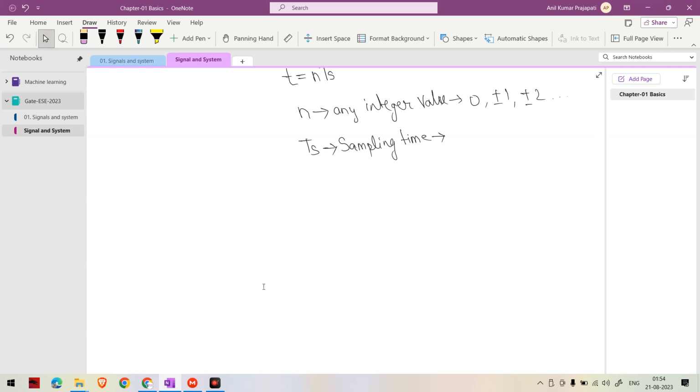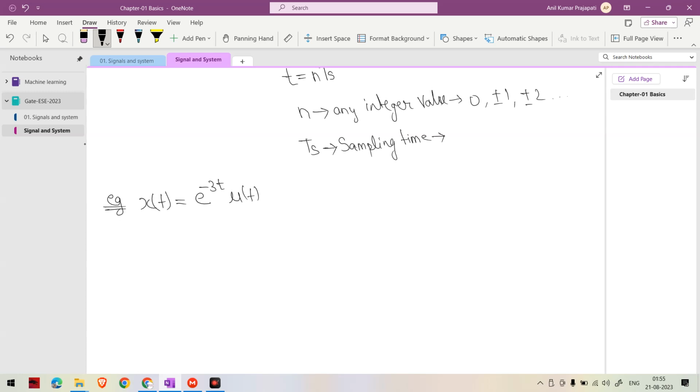So we can take the above signal, for example. Let's take the signal we used earlier. x(t) is equal to e raised to power minus 3t into u(t).